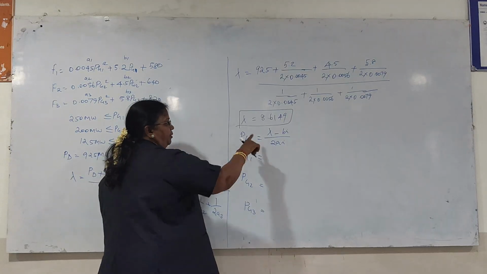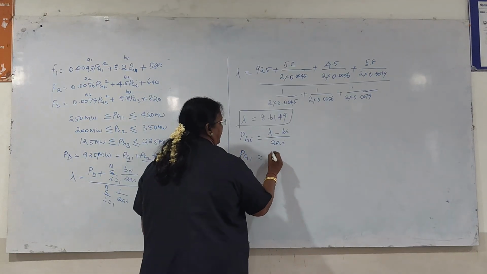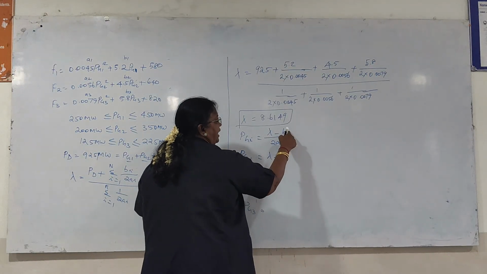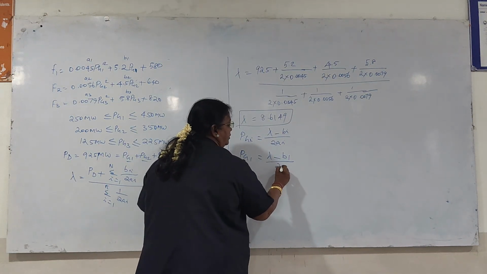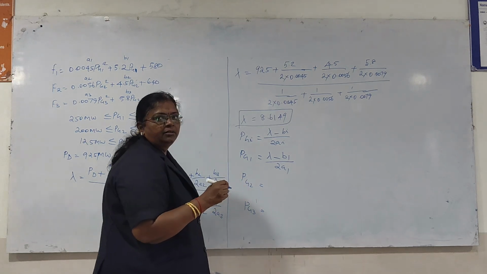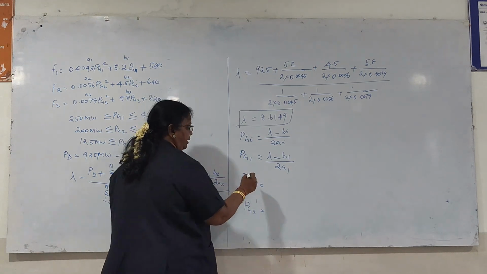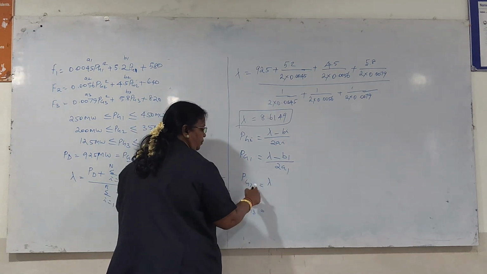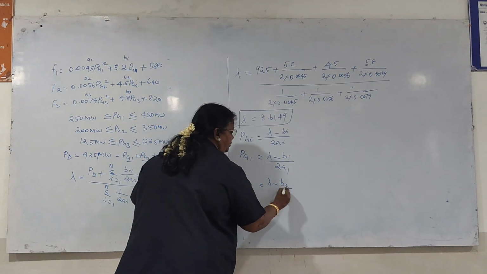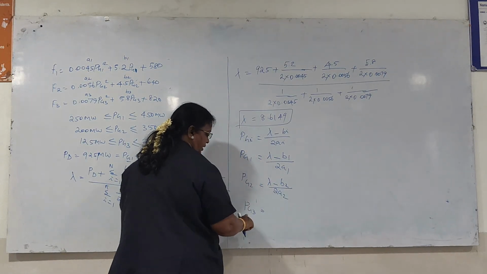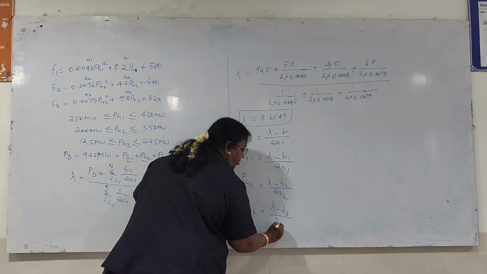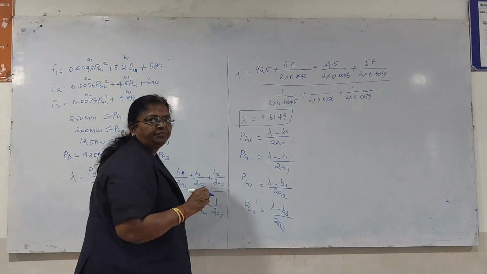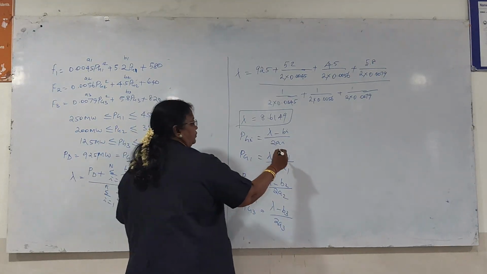For the first unit, it is lambda minus B1 by 2A1. First we have to write out the formula. For Pg2, it is lambda minus B2 by 2A2. Then for Pg3, it is lambda minus B3 by 2A3. The next step is we will substitute the values.